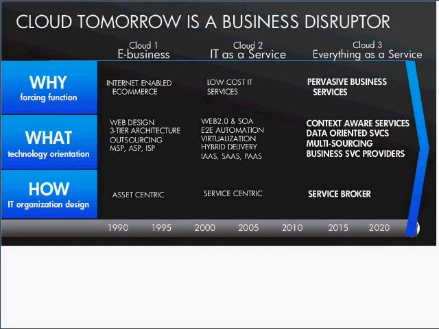The IT organization of the future has got to be able to manage all of those, because the reality is that for the foreseeable future, there's going to be a hybrid model, a mix of cloud-sourced business services, internally sourced applications, externally sourced applications, and the traditional classic systems of record that have been around forever. And so the IT organization has to be able to manage that hybrid environment.